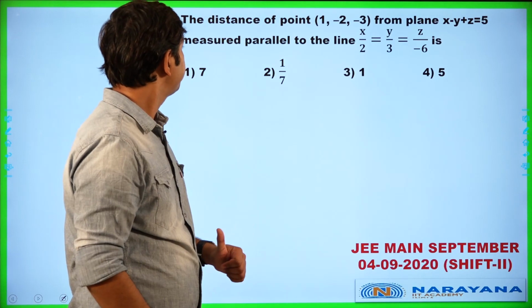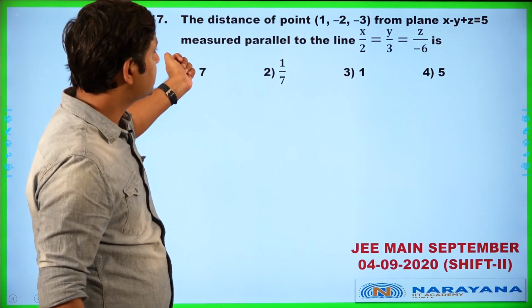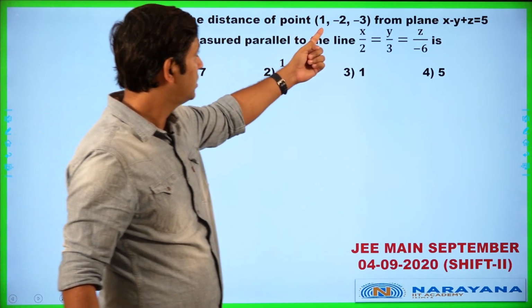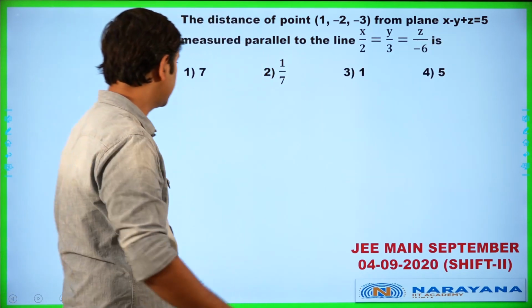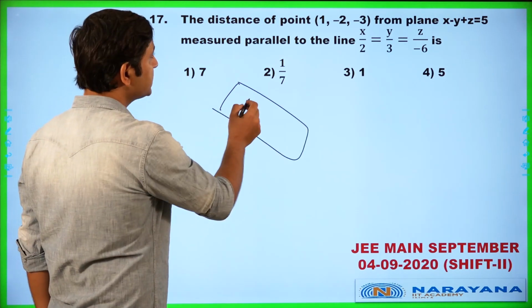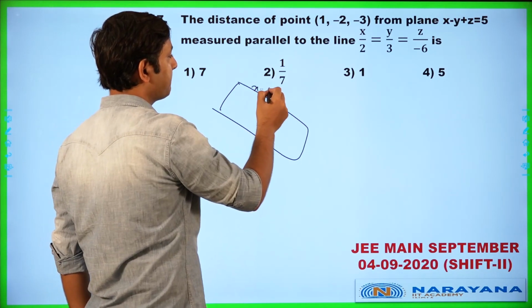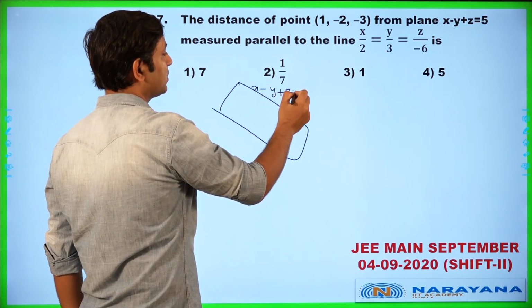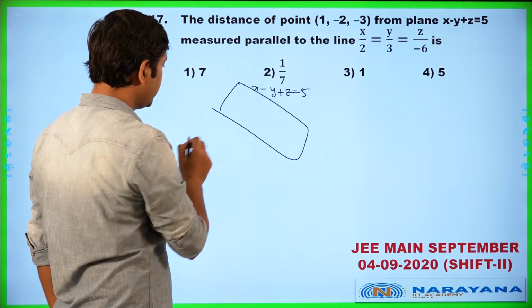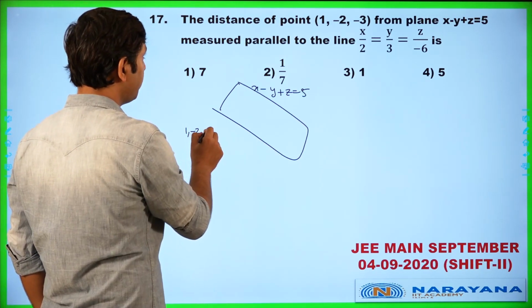In the next question, we have a point. We have to find the distance of that point from this plane. The plane is x minus y plus z is equal to 5. The point is 1 comma minus 2 comma minus 3.